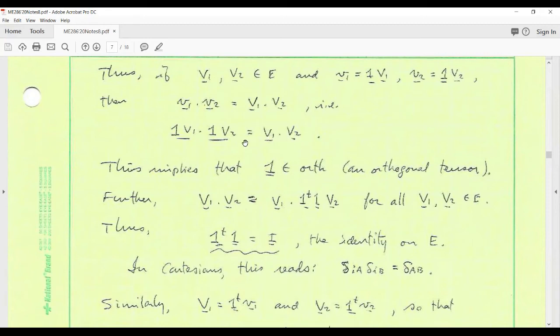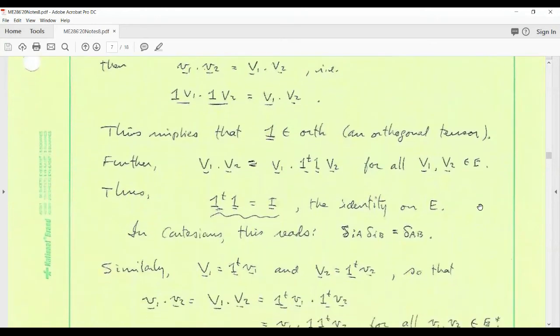Okay, so from this equation, let's work on it a bit. By using the definition of transpose, we can write the left-hand side as V1 dot 1 transpose 1 V2. And this has to be true for any pair of vectors V1, V2 in the vector space E. And that means 1 transpose 1 is the conventional identity, capital I. I'll write that as the identity on the vector space E, right? Because you could choose, for example, V1 and V2 to be the elements of an orthonormal basis, capital E1, 2, and 3, right?